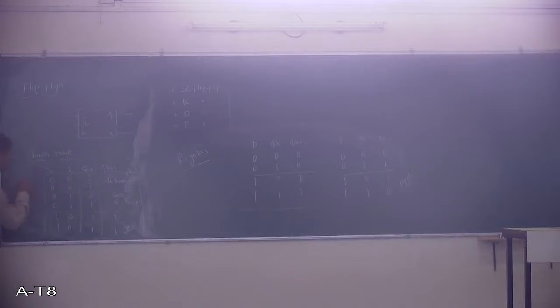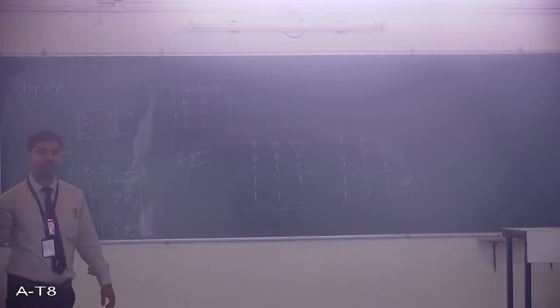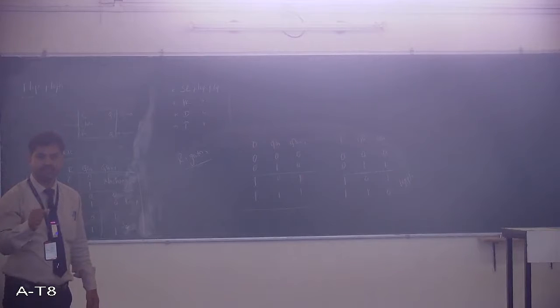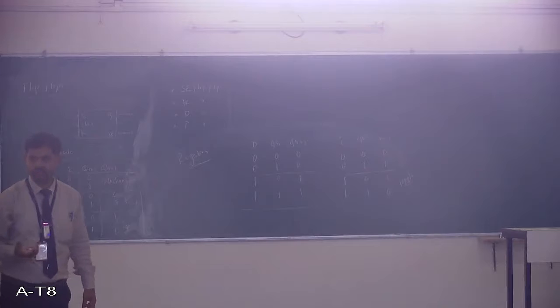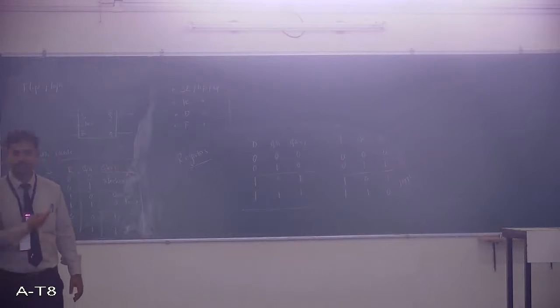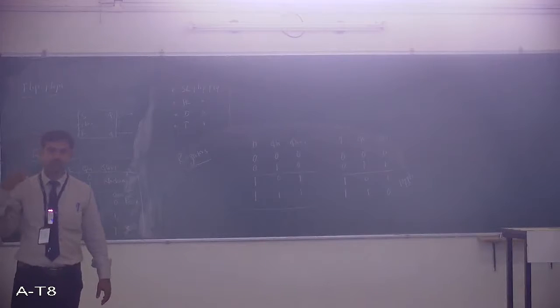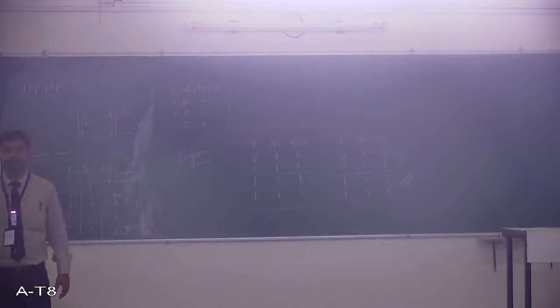Now, if I apply a clock signal, that clock is very important. That is a trigger pulse. If you apply that trigger, then only the device will react. It is something like any device: until and unless you apply an electrical voltage or a signal, the device will not function. Similarly, for this flip-flop, the clock is very important.